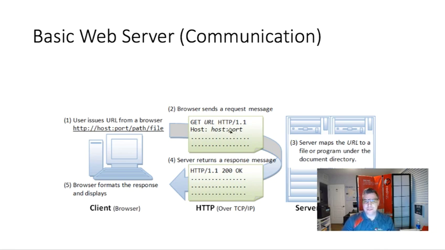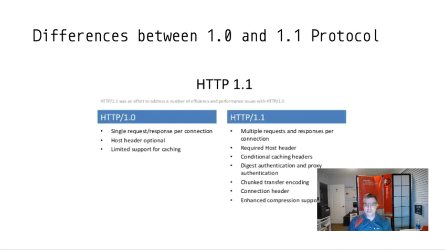And so lots of versions of the HTTP protocol have been released. Then the server will get that request. It will send back a response, which your browser will display to you as the pretty websites that you're used to. This is just one example of what the early HTTP 1.0 protocol supported versus 1.1.